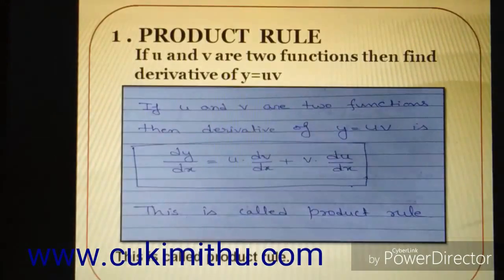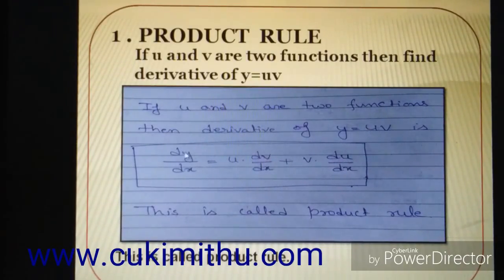Now we come to the product rule. The product rule applies when two functions are in product form: how can we find their derivative? The product rule says if u and v are two functions in product form, then d by dx of uv is equal to u into the derivative of v, where we keep one function constant and differentiate the other, then add, and take the second function constant and the first function in derivative form.